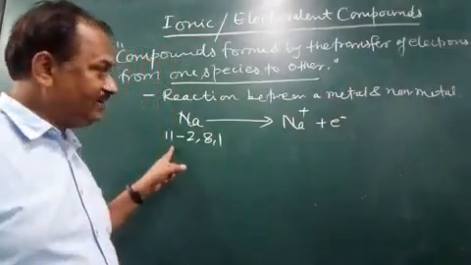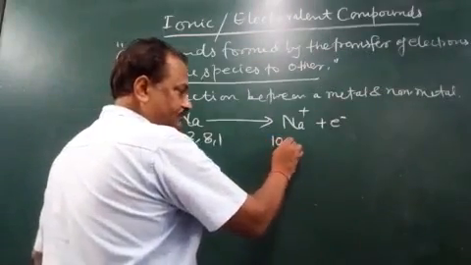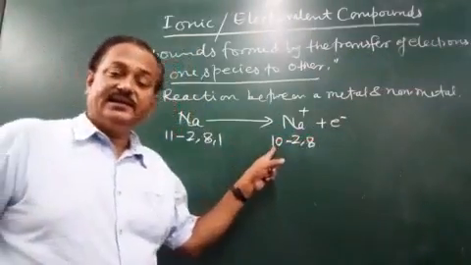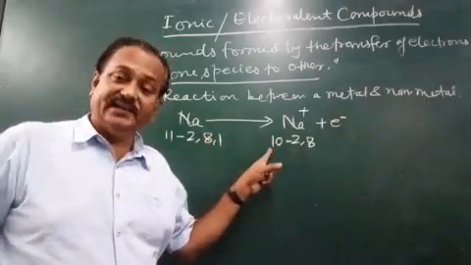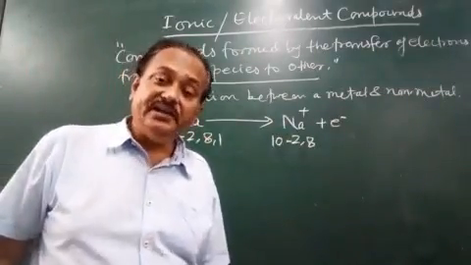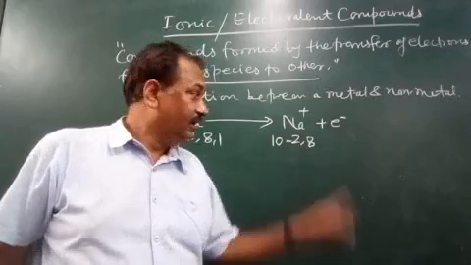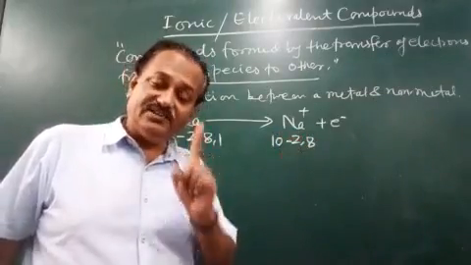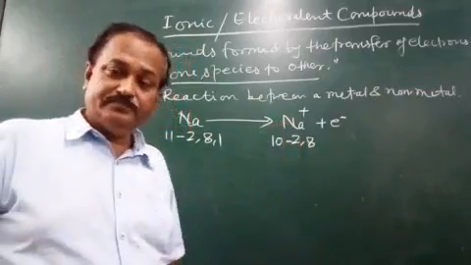So sodium has lost an electron to form the sodium ion, and here the number of electrons is reduced by 1, so the number of electrons is 10. So the sodium ion has acquired the nearest noble gas configuration. Nearest noble gas configuration means the noble gas member which is very close to sodium.